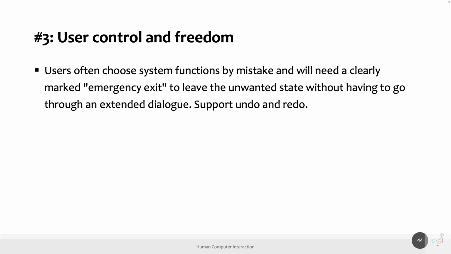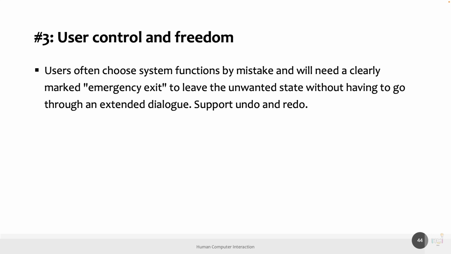Heuristic number 3, user control and freedom. Users often choose system functions by mistake, that's for sure. So we need to provide users with an emergency exit in case of errors, to leave this unwanted state without having to go through an extended dialogue.